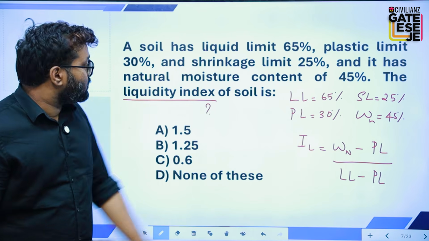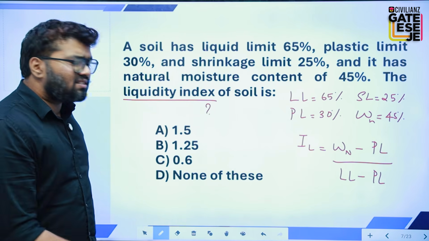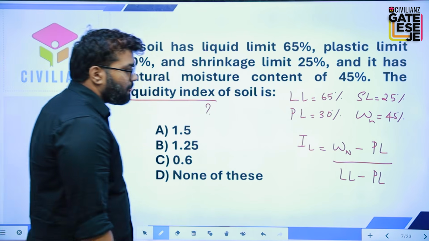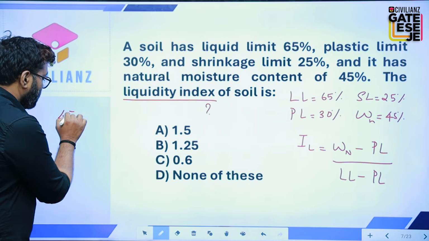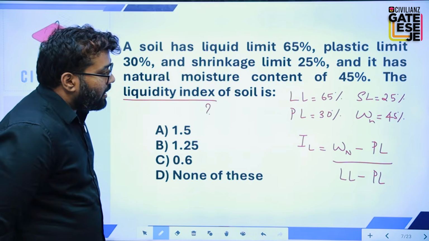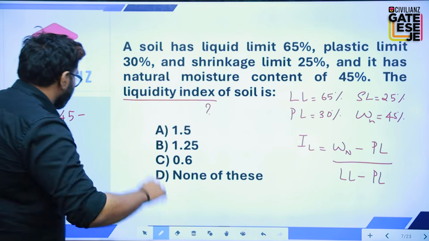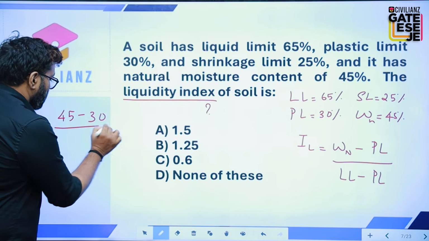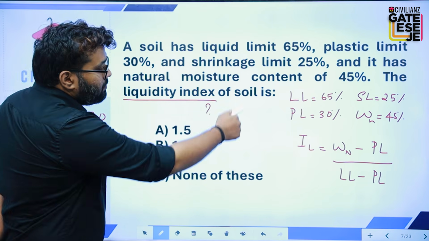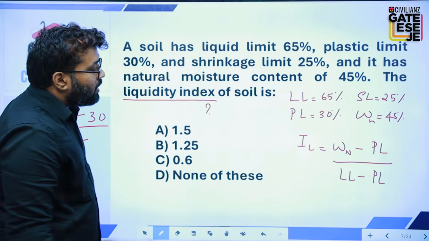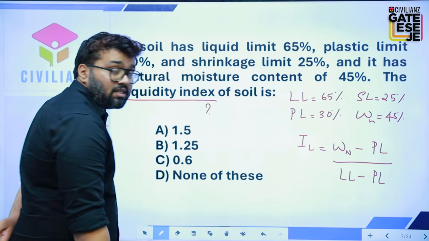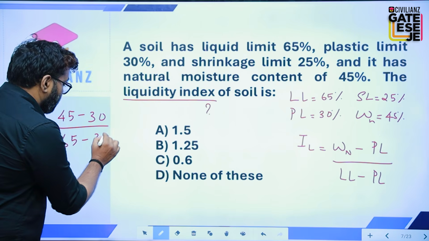So this is the equation for liquidity index. It's a simple question, we can just substitute. Natural moisture content is given as 45% minus plastic limit, which is given as 30%, divided by liquid limit, which is given as 65%, minus plastic limit, which is given as 30%.